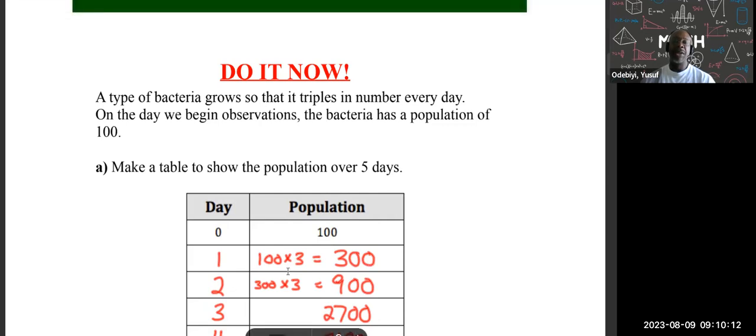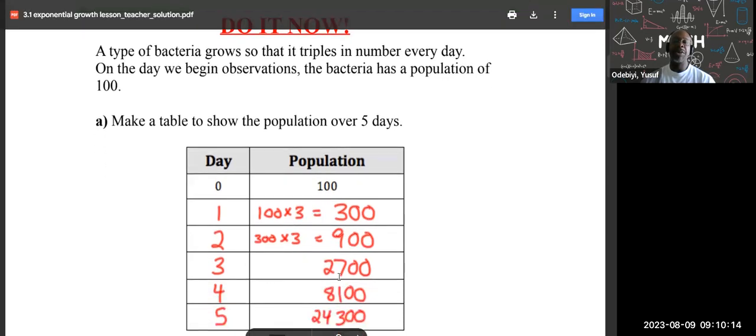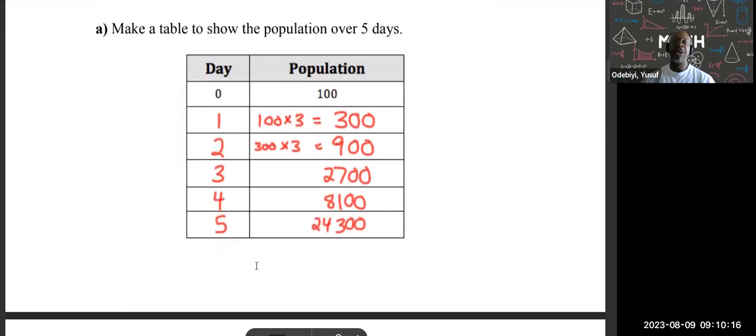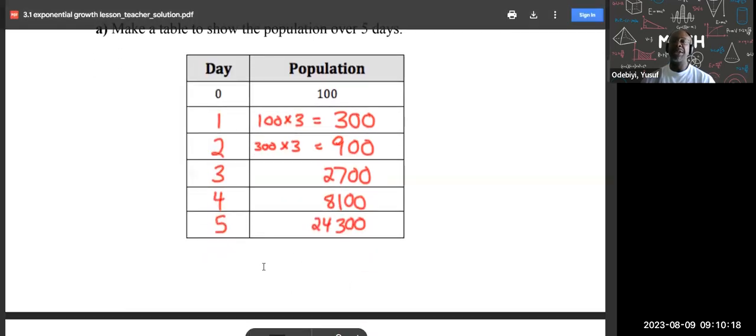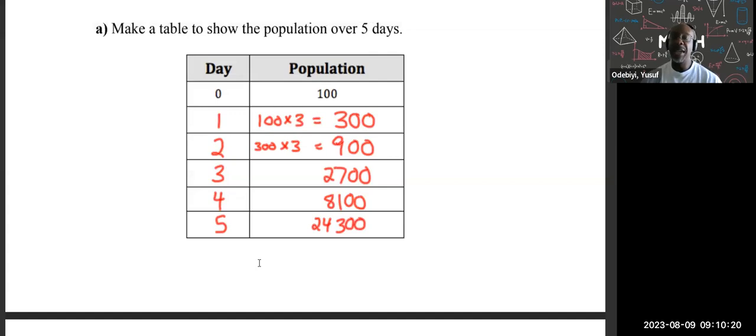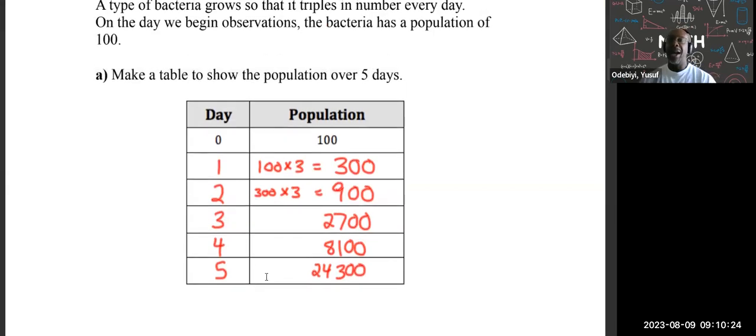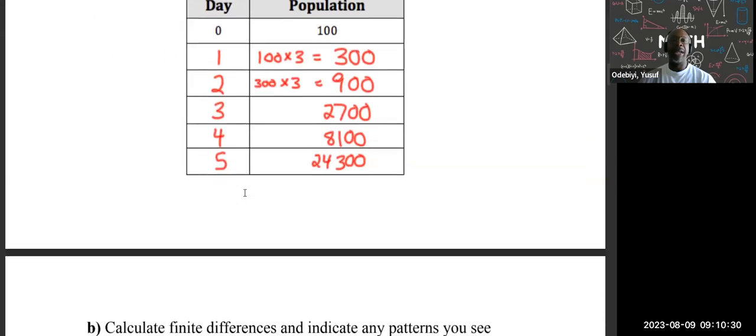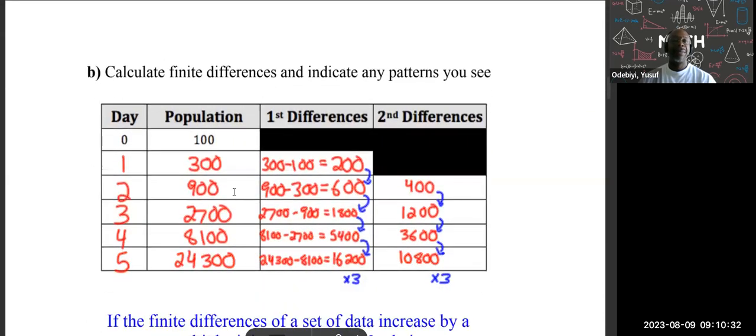Then 300 jumps up to 900. Then 900 jumps up to 2,700, 8,100. And before you know it, you get into the billions. And if you think about COVID, that's basically how COVID spread. It spread exponentially, right? So that's what we're looking at.